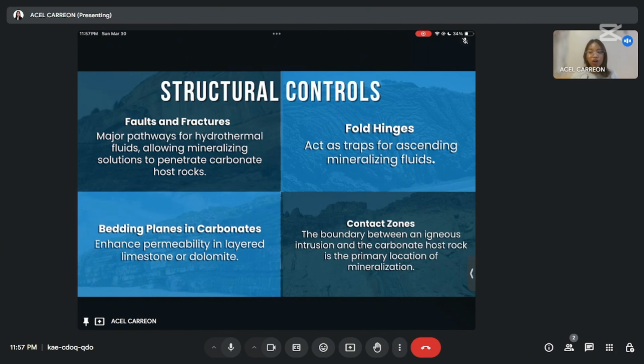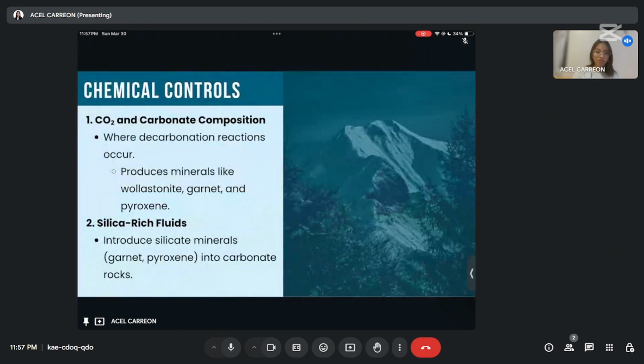The bedding planes in carbonates enhance the permeability in layered limestones or dolomite, which provides fluid migration pathways, and contact zones, which is the boundary between an igneous intrusion and the carbonate host rock and is the primary location of mineralization.